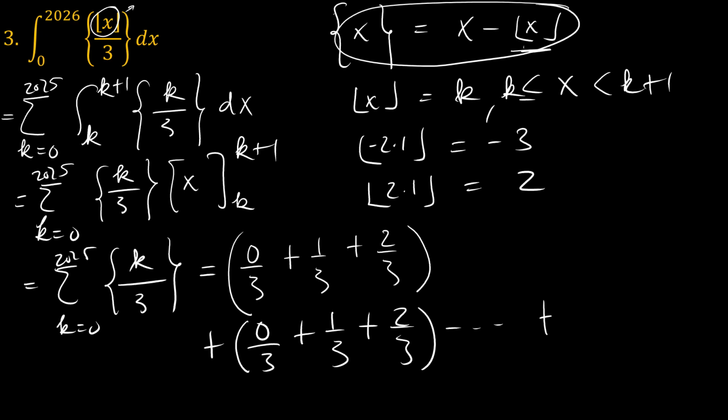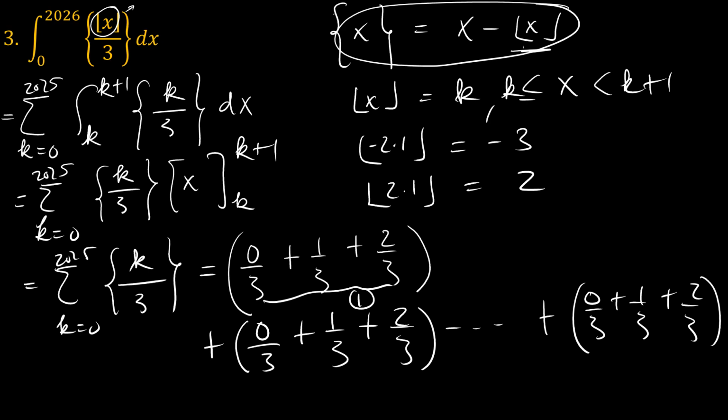So we go until we have 0 over 3 plus 1 over 3 plus 2 over 3. When you add this part together, it is 1. We have 1, we have 1.